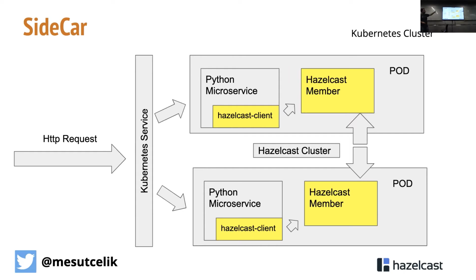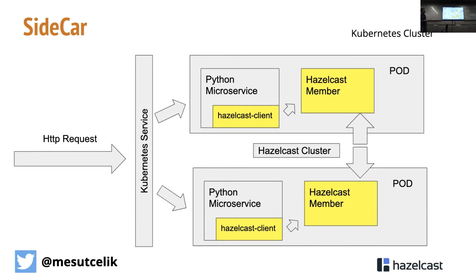So again, we have two containers here, and we can define memory and CPU requirements per container. Compared to embedded mode, even though they are in the same pod, they can have different CPU and memory requirements.